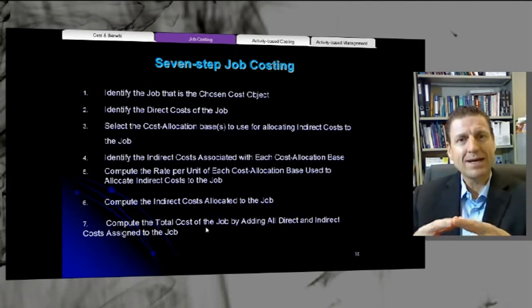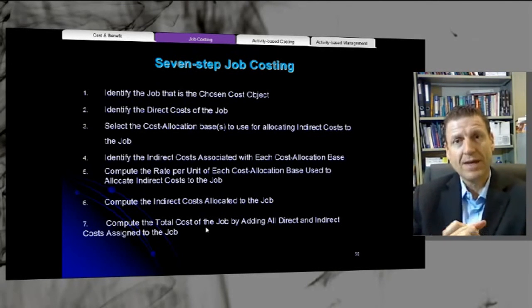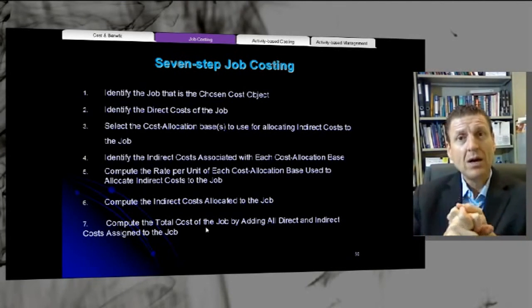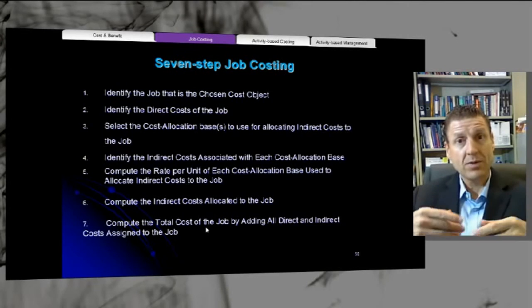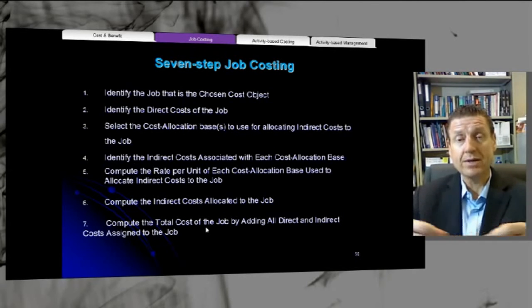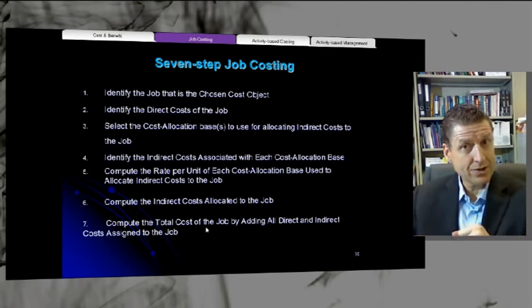We need to think about how we would allocate the allocation base to the job. So we can allocate all of these in terms of a per unit made every day, or a better allocation method could be in terms of how long the production line has been running. Okay, so it runs for 12 hours a day, then we can use that in the total hours of the week, 12 hours times 7, 84. Yes, I can do calculations.